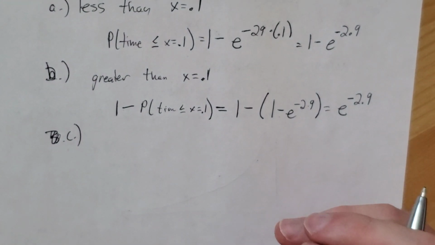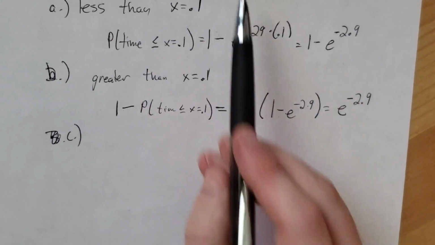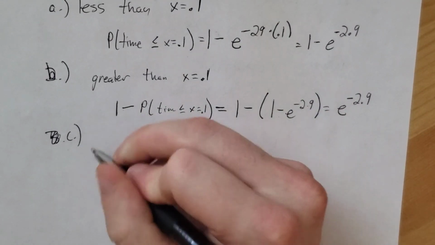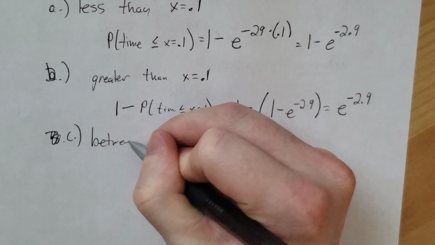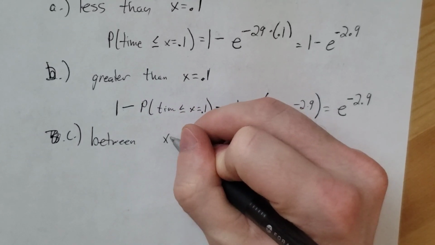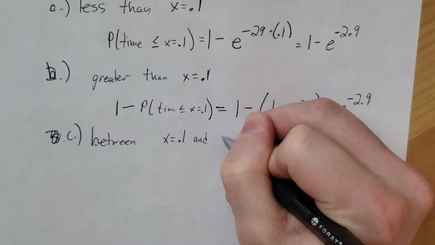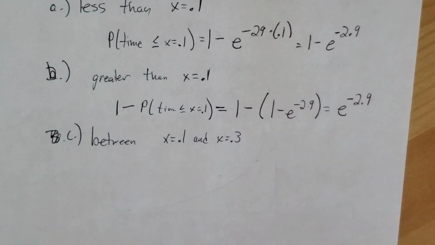The last example we'll do of this type is, what if we were asking between x equals 0.1 and x equals 0.3?